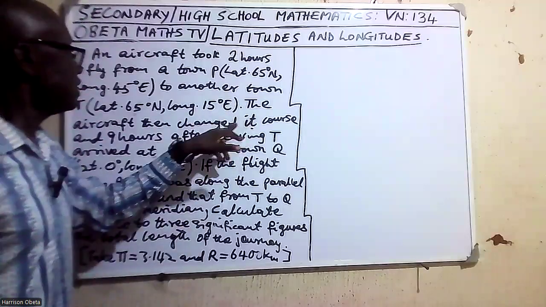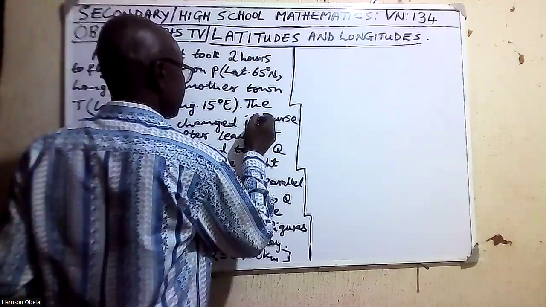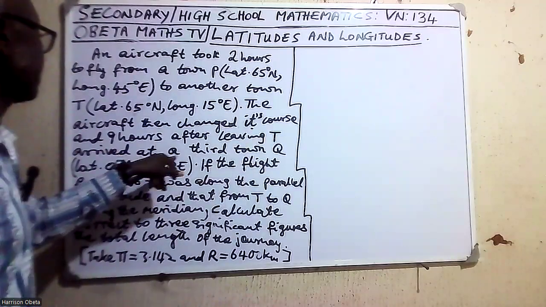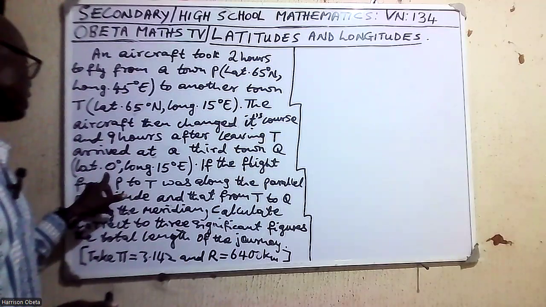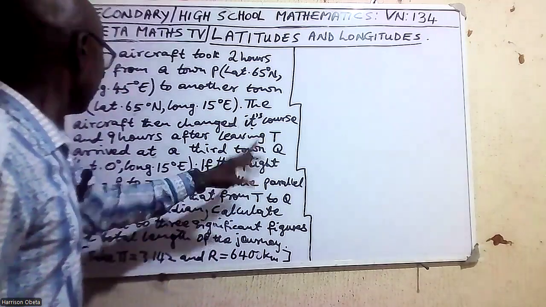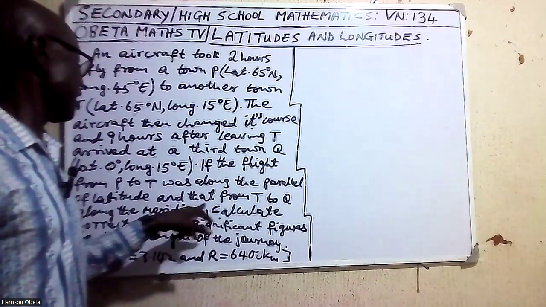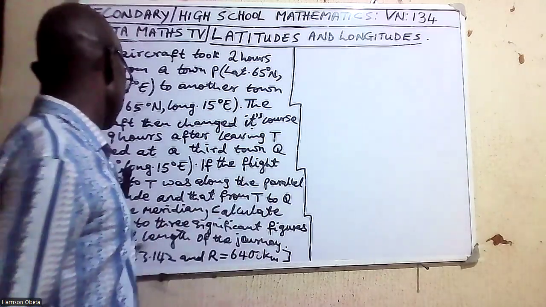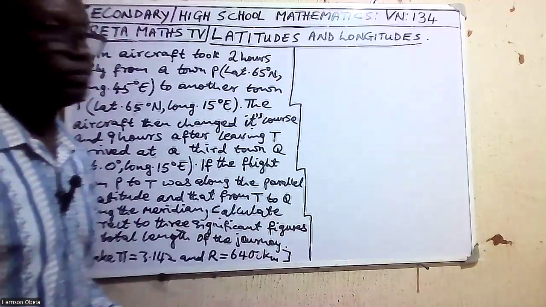The aircraft then changed its course, and 9 hours after leaving T, arrived at a third town Q. The third town is at latitude 0 degrees, that is the equator, and longitude 15 degrees east. If the flight from P to T was along the parallel of latitude, and that from T to Q along the meridian, we have to calculate, correct to 3 significant figures, the total length of the journey.